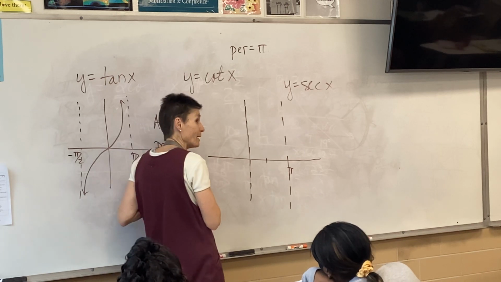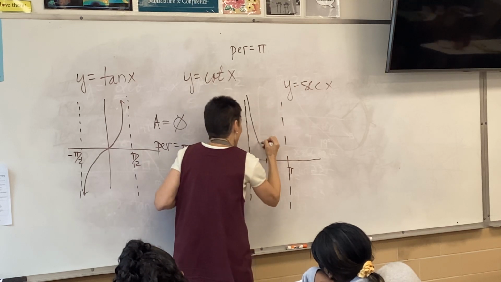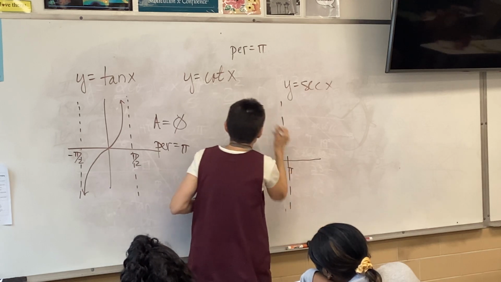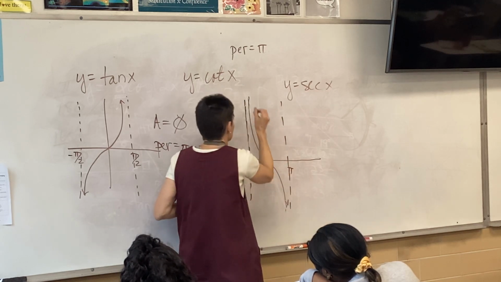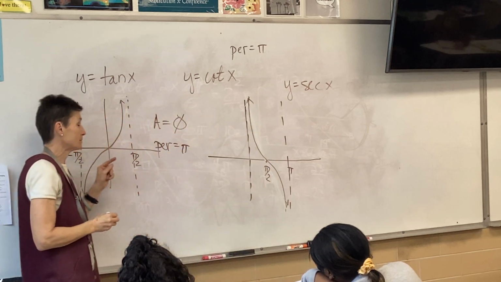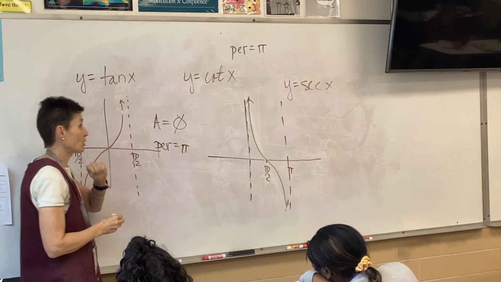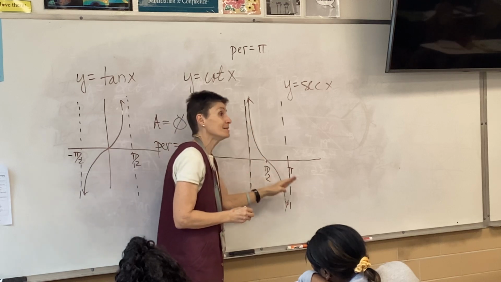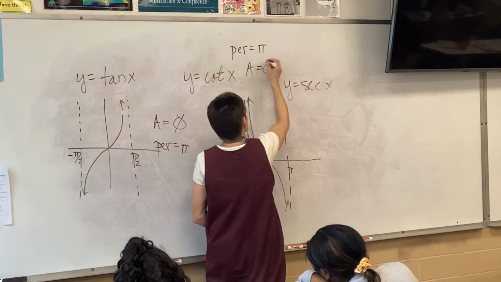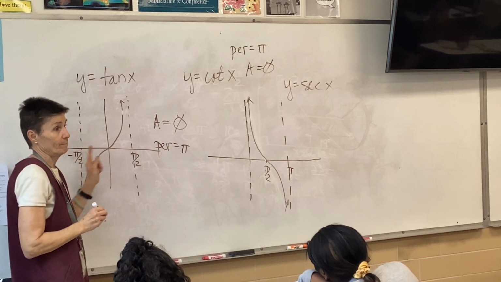And there's still a squiggly line, but the squiggly line goes down. It's not very squiggly. So the tangent is what we call an increasing function, but the cotangent is a decreasing function. No amplitude, period's pi, different.